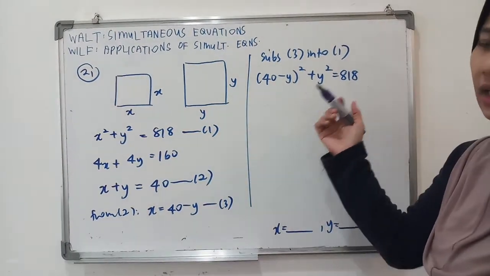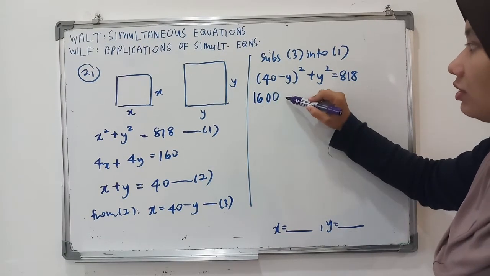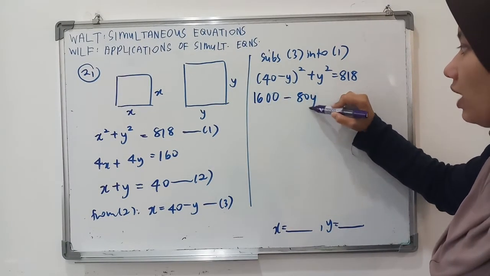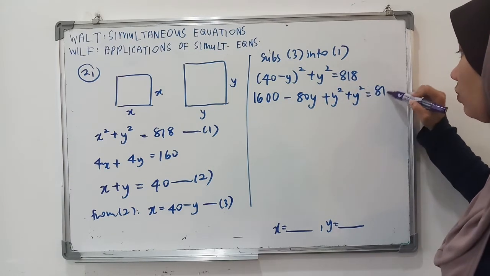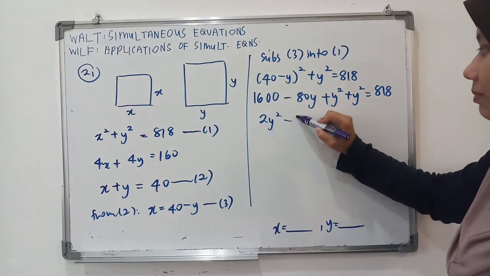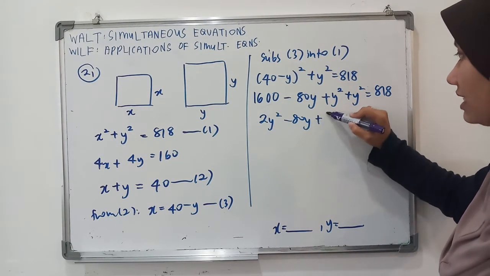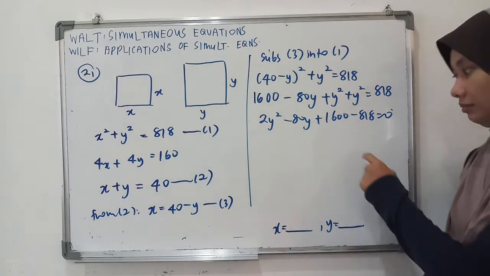So expand, you will get 1600 minus 80y plus y square plus y square equals 818. So you calculate, you will get 2y square minus 80y plus 1600 minus 818 equals 0.